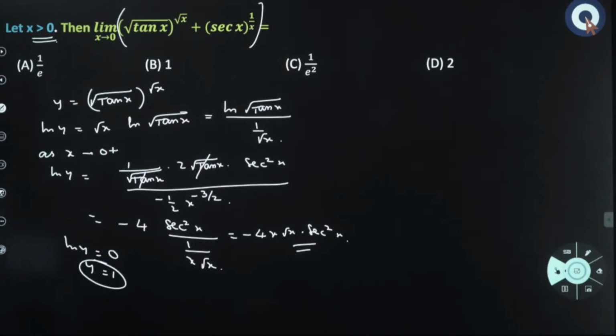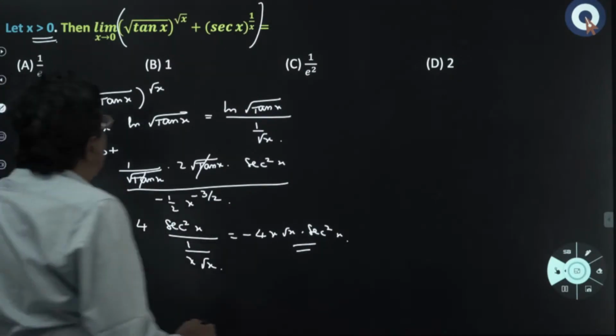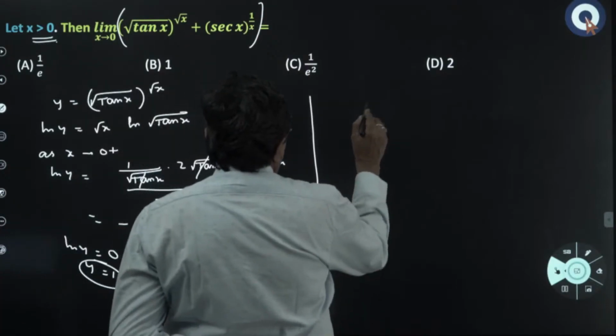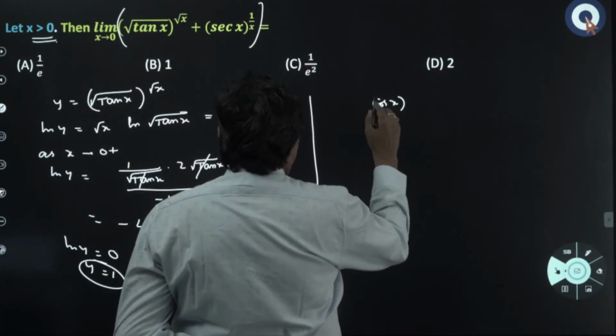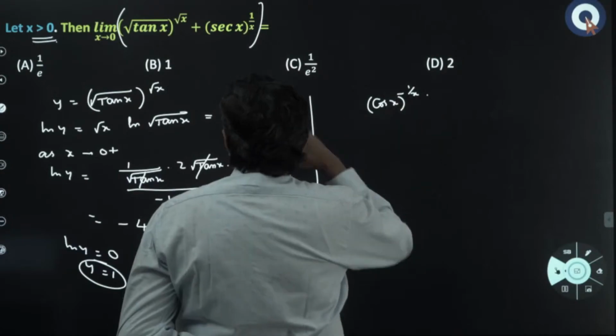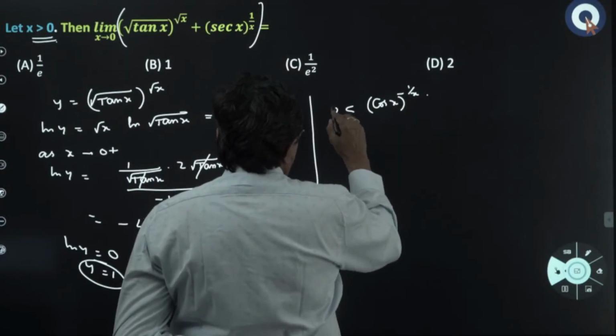The next part is cos x, you have secant x to the power of 1 by x. Secant x to the power of 1 by x can be written as cos x to the power of minus 1 by x, which lies between 0 and 1.